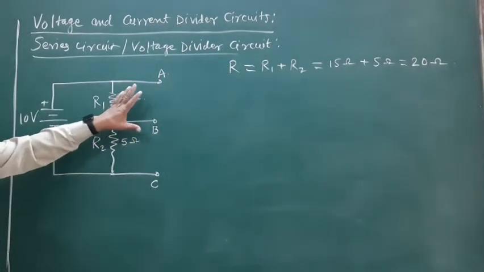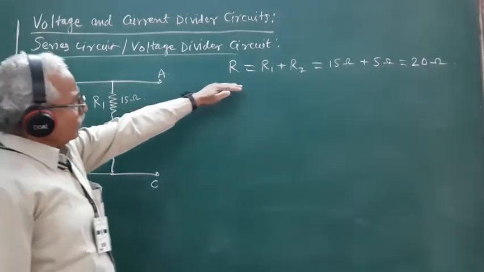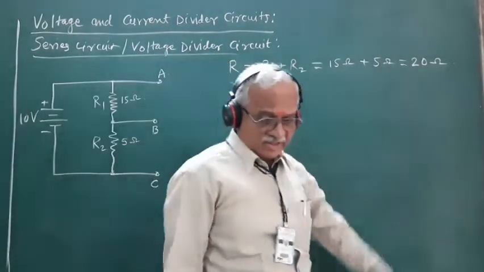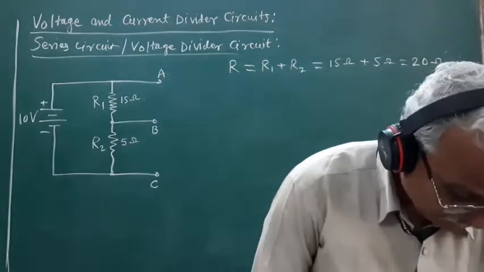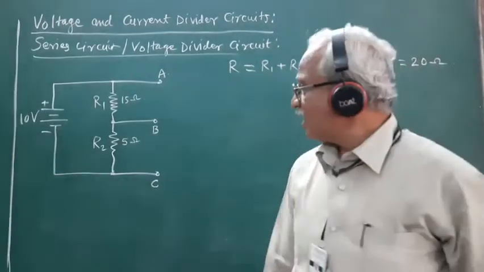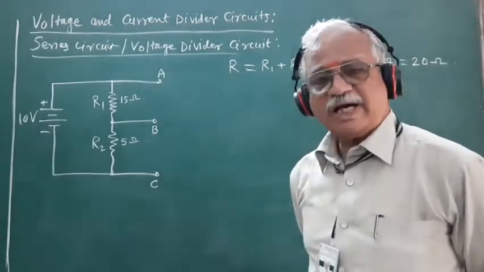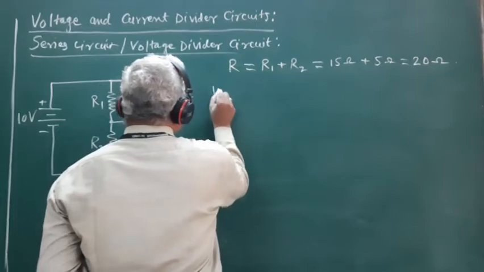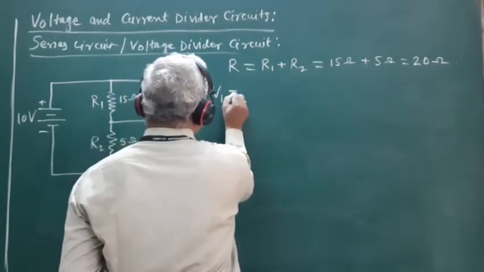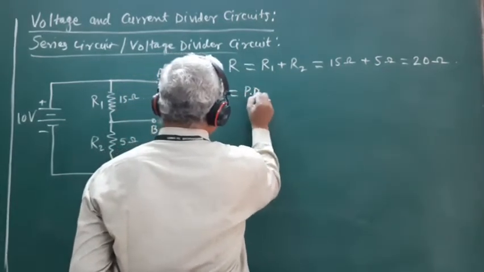Knowing the total resistance of the circuit, now we can use the potential divider formula to find out the potential drop across R1 and the potential drop across R2. Let V1 be the potential drop across R1.